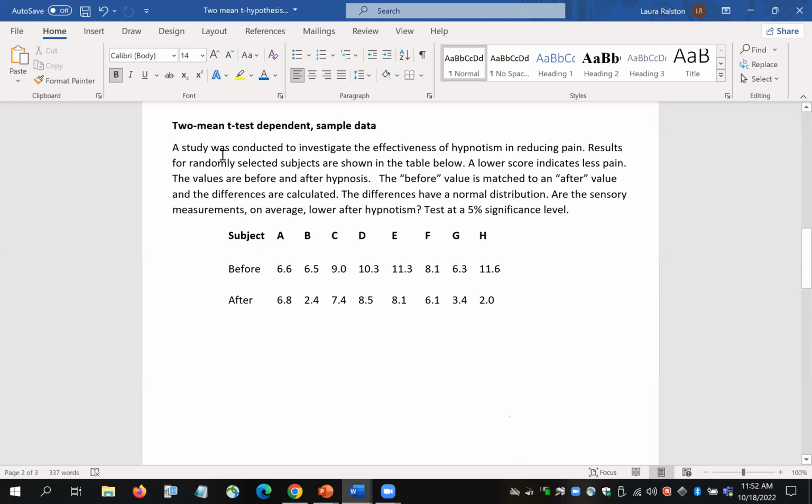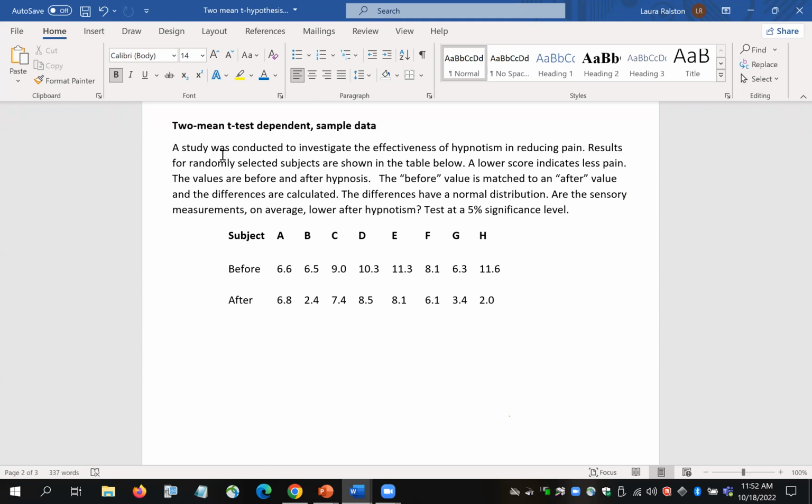This one says, a study was conducted to investigate the effectiveness of hypnotism in reducing pain. Results for randomly selected subjects are shown in the table below. A lower score indicates less pain.